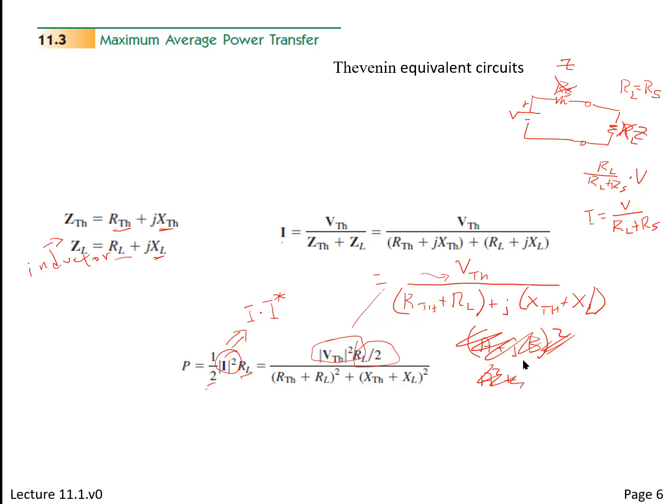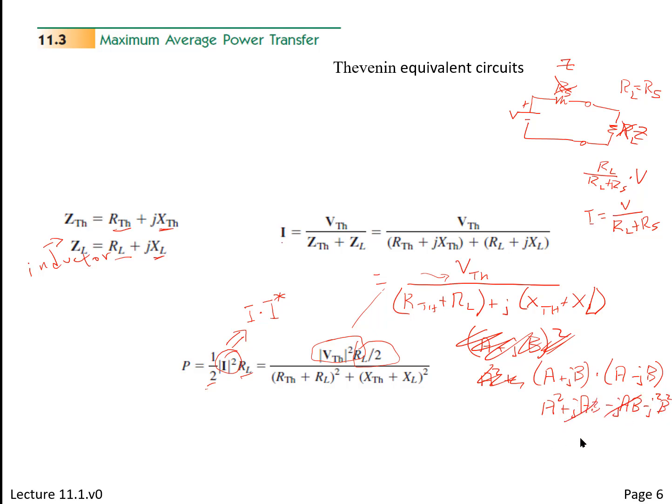So that means if this is A plus JB, and I want to take the conjugate, then it's times A minus JB. And so what is that? That's A squared plus JAB minus JAB minus J squared B squared, right?